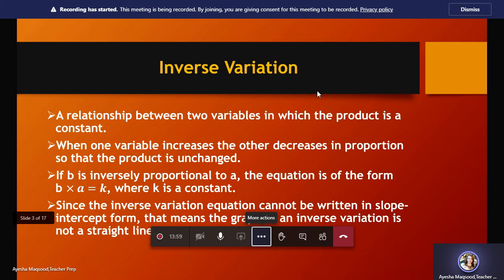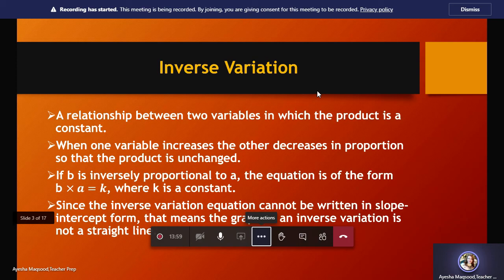If you are moving with a higher speed, you will reach your destination early as compared to when you are moving with less speed. When your speed is less, obviously you will take more time to reach your destination. So by increasing your speed, your time duration will be reduced, and by reducing your speed, your time will be increased.